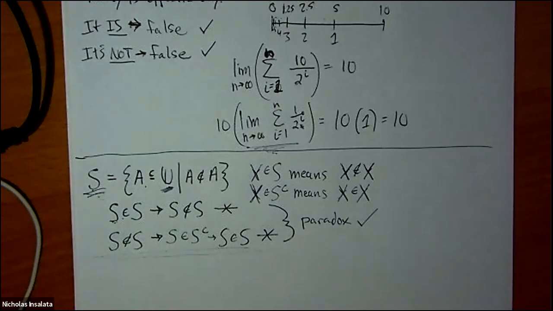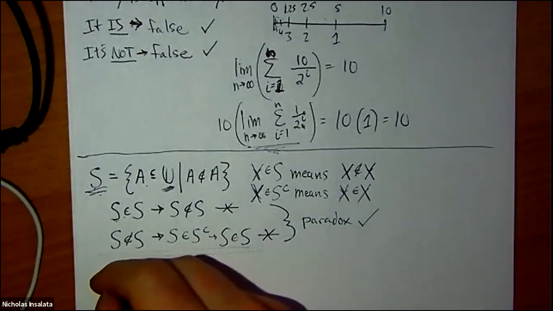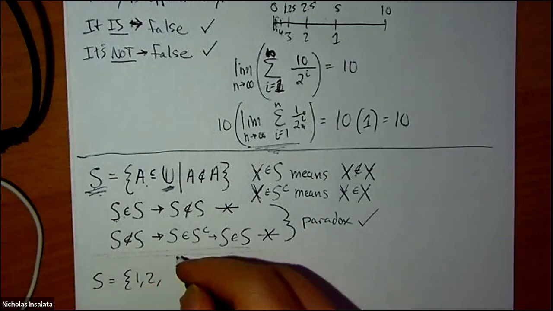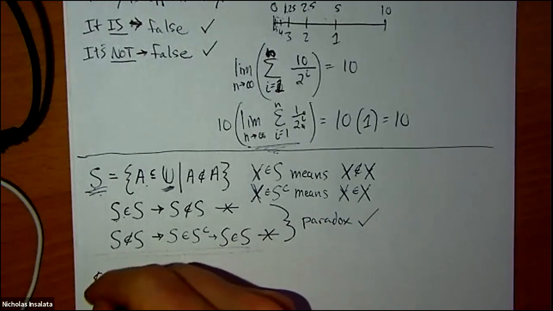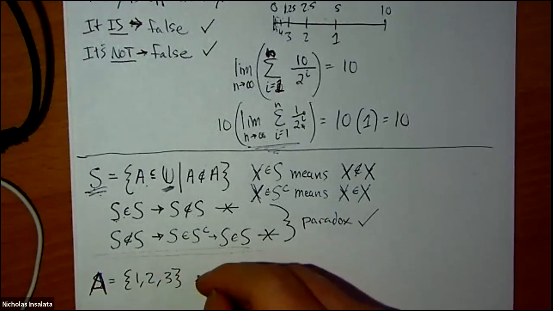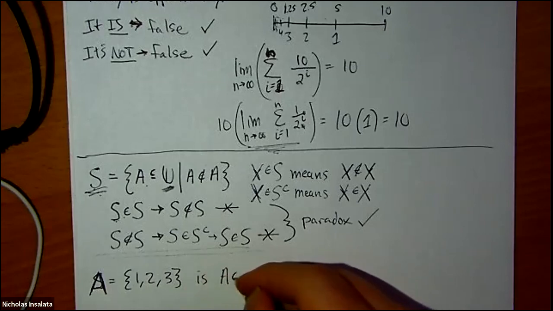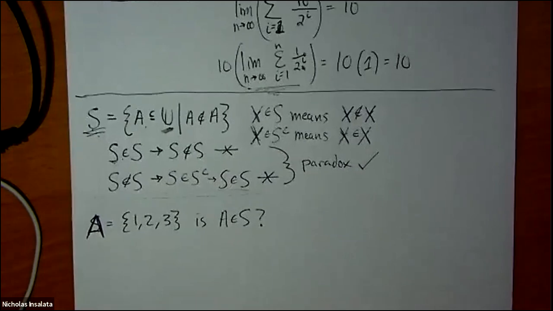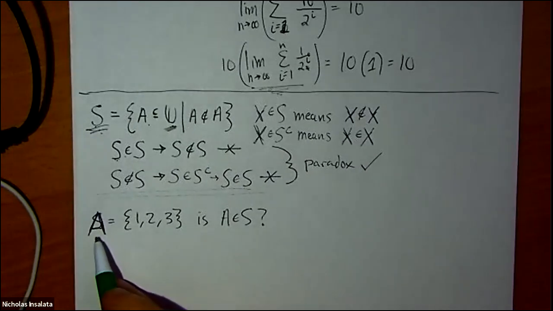So let's try to do an example. If A equals {1, 2, 3}, is A an element of S? Is the set A an element of itself?